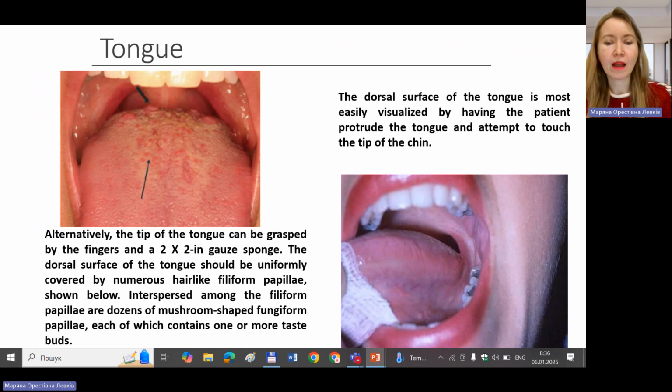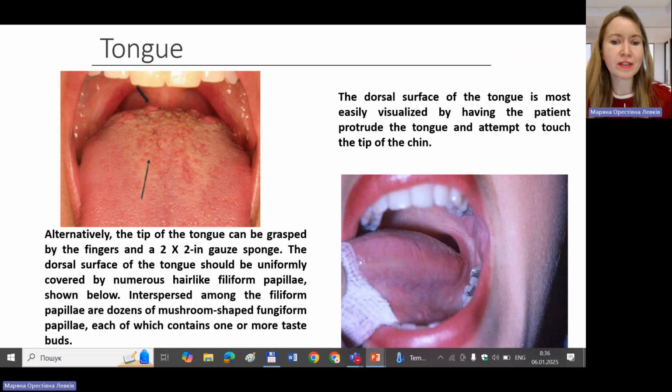Tongue. Alternatively, the tip of the tongue can be grasped by the fingers, and the fingers should be covered with a gauze sponge.